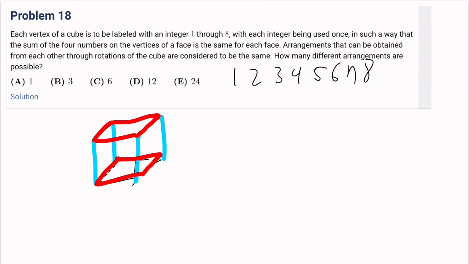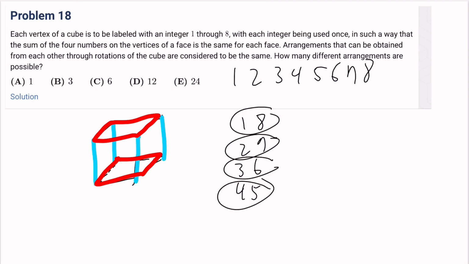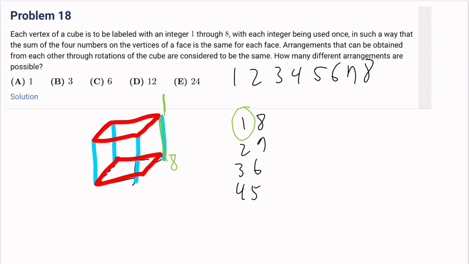And so the pairs are 1, 8, 2, 7, 3, 6, and 4, 5, right? Like if 1 is here, then 8 must be here at the other end of the blue column, right? And so if 2 is here, then 7 must be over here, like that, right?